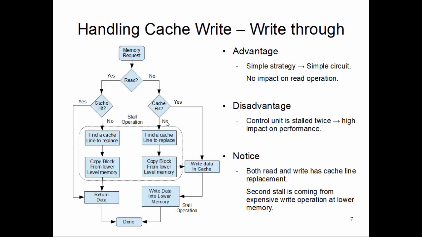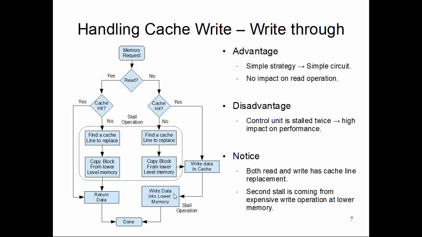So you see, in this worst case situation, we are going through two stall modes. One, when we are trying to find the block and replace the cache line, so that's one stall, and then we write the data and we need to then write back that block immediately to the lower level of memory.